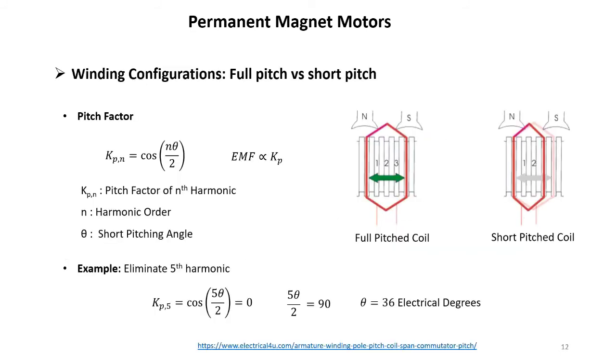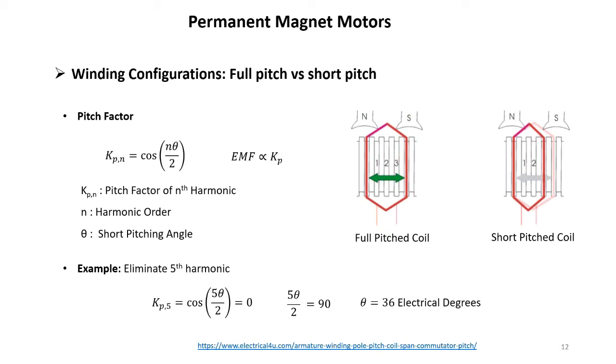So another way to control or to make the sinusoidal waveform is to use the short pitch winding. How it can help us is that this winding structure can help us to remove certain harmonics. It's not to generate a sinusoidal waveform, it's to remove certain harmonics.